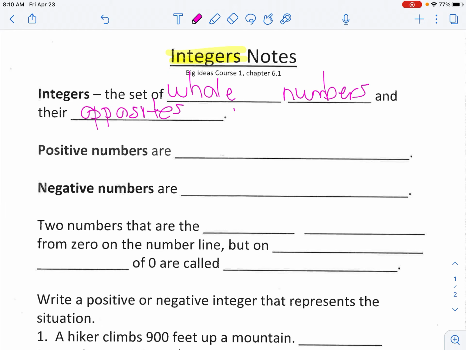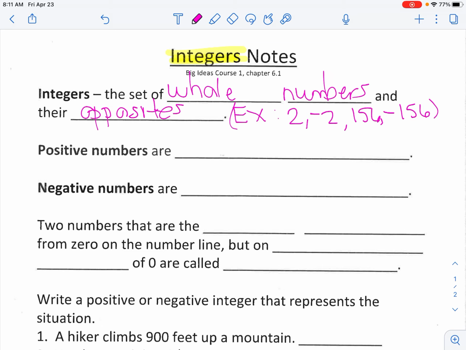Okay, so for example, the number 2 and the opposite of 2 is negative 2. Could be the number 156 and its opposite, negative 156.